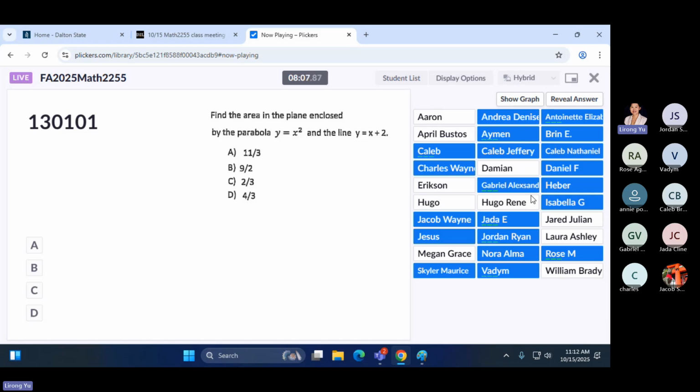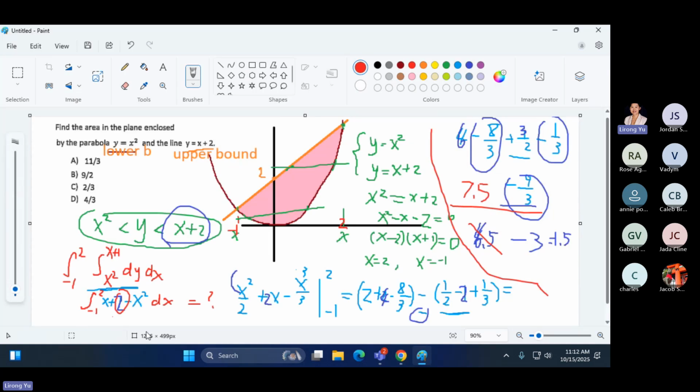Anyone else? I think that should be everybody. So the final answer is B, as you already saw from me making a couple of mistakes in there. That's the upper bound. It should be x plus 2. I copied over x plus 1 for some reason.